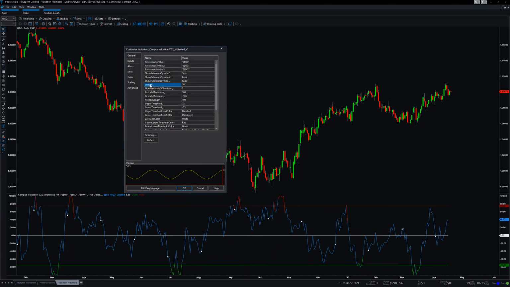Now here you have length, okay, and length, that's the representation of cycles, and this is always going to be based on the time frame that you're operating in. So if you're operating on a weekly time frame, you want to change that to 13 because you want to work on 13-week cycles, and that would be 13 bars, so 13 weeks in the case of a weekly candlestick chart.